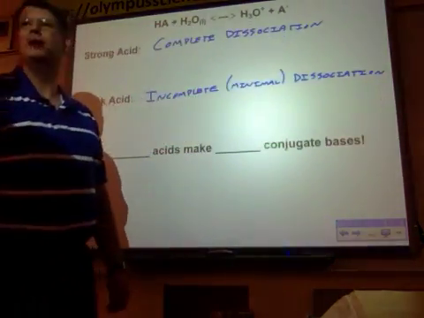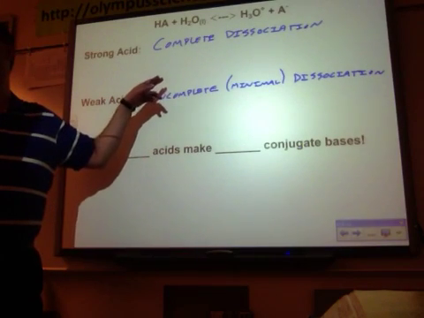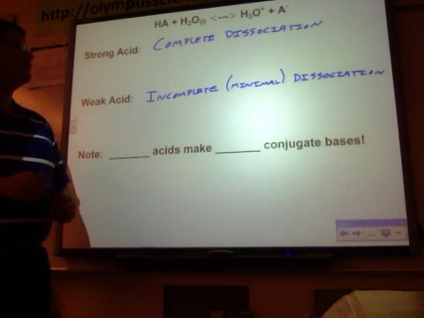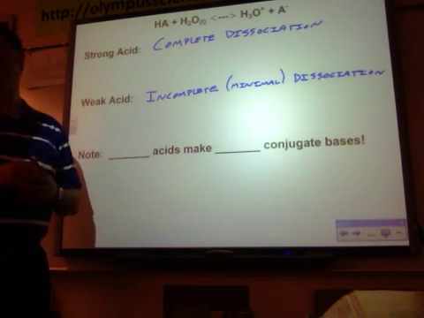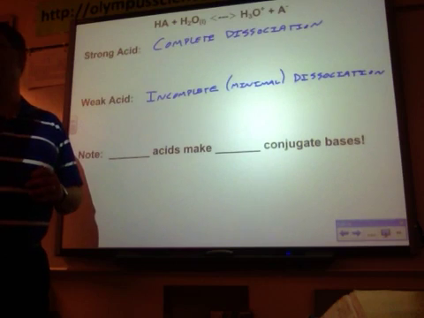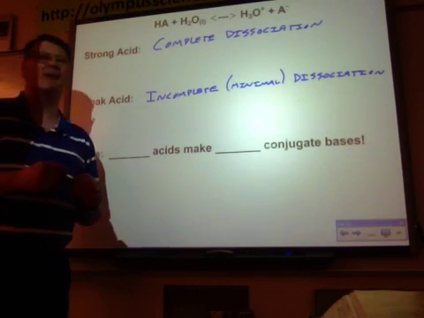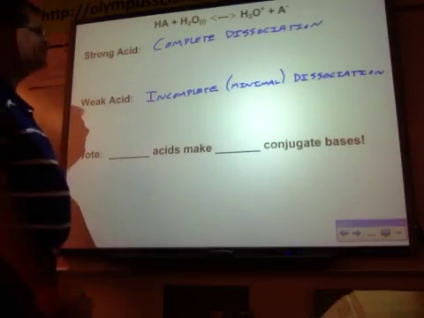All right. Now, let's define those concepts in terms of equilibrium. In an equilibrium reaction, the equilibrium in a strong acid will favor what? Products. Or the fancy word we just learned, conjugates. Okay? So, a strong acid favors products or conjugates.